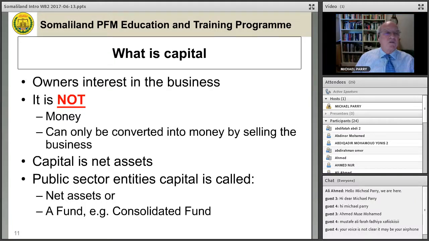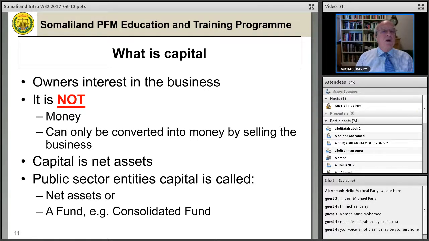Some definitions of terms. Capital. Most students of accounting find the concept of capital very difficult to understand, and in everyday use, you'll find it's often misunderstood. It's defined as the owner's interest in the business, which is actually not a very helpful definition.